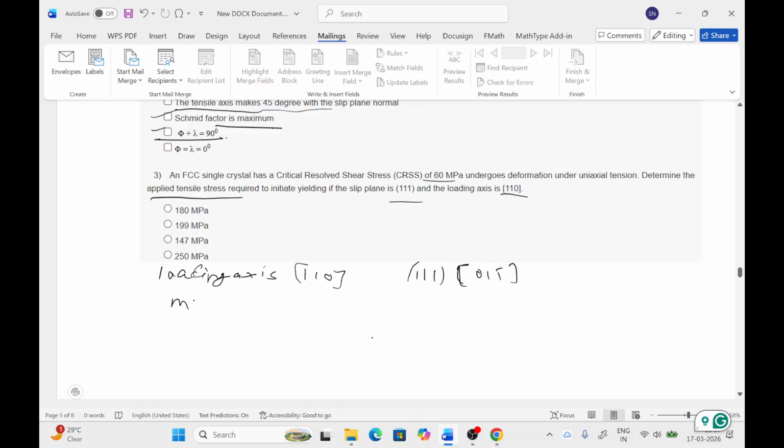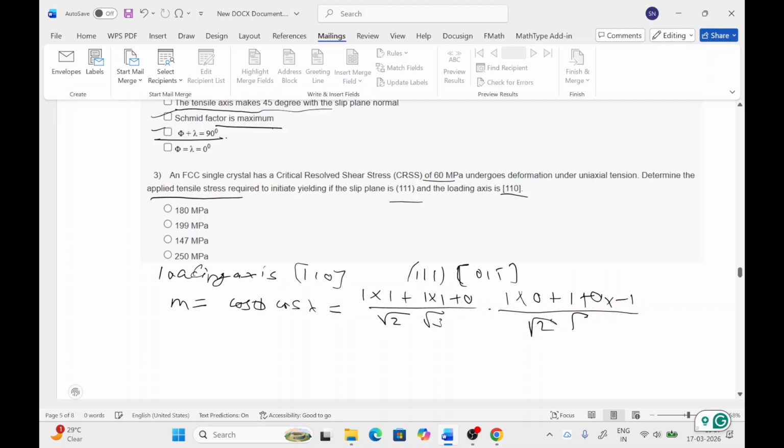First we have to calculate the Schmidt factor, cos phi and cos lambda. So this will be (1 into 1 plus 1 into 1 plus 0) divided by root 2 root 3, and here (1 into 0 plus 1 into 1 plus 0 into minus 1) divided by root 2 and root 2.